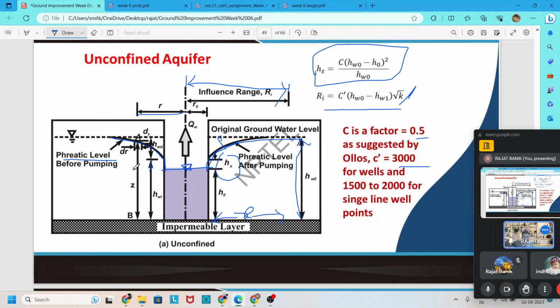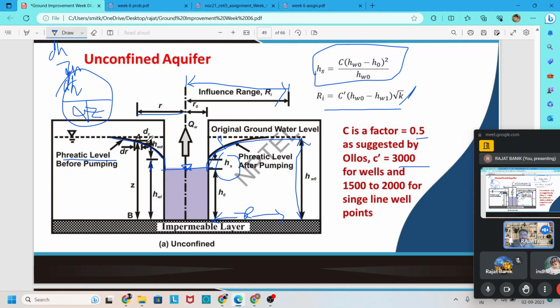Another well is inserted here at a distance of r from the original well, and the height of the water table of this well, which is at distance r, is h, or we can say z, and the hydraulic gradient is dH by dz, or we can say dH by dr, the hydraulic gradient.